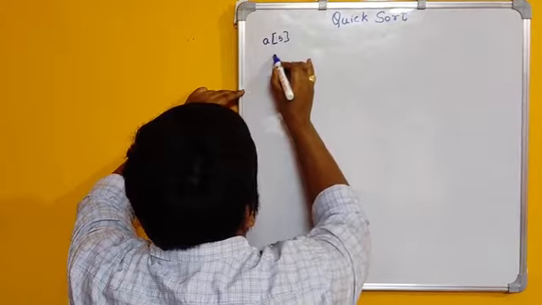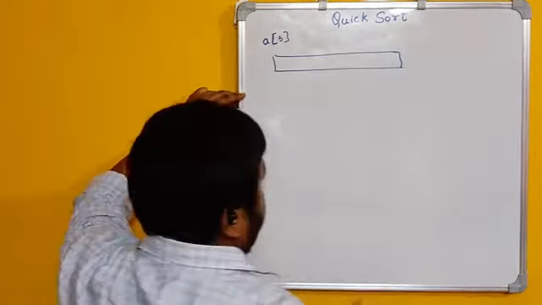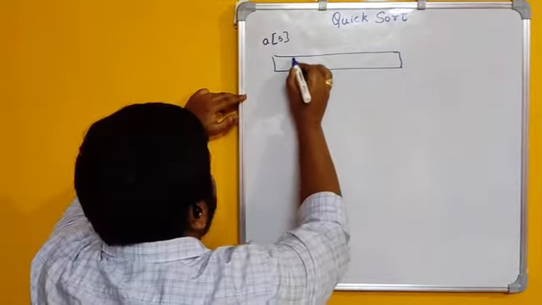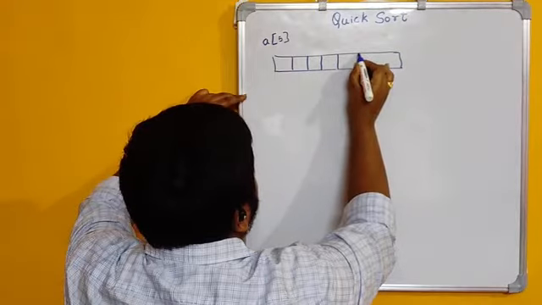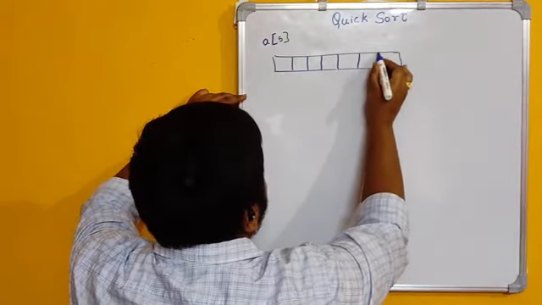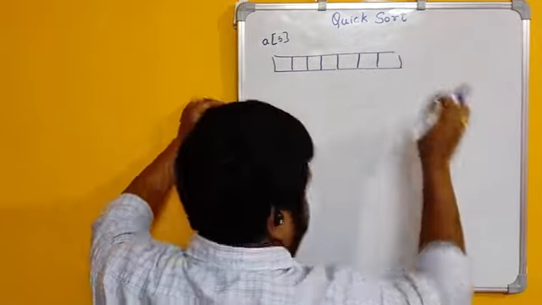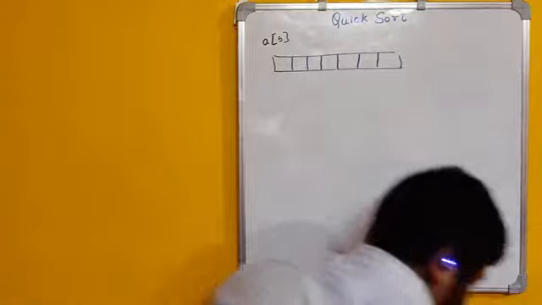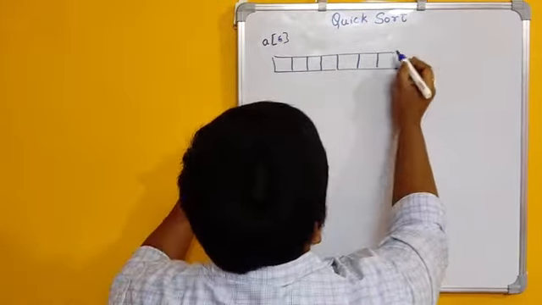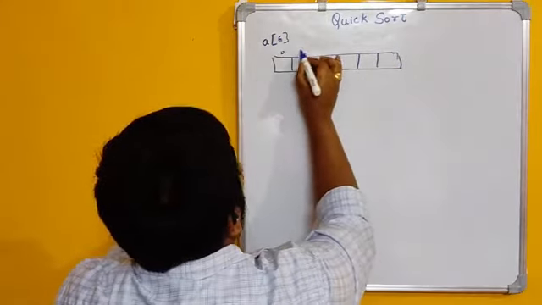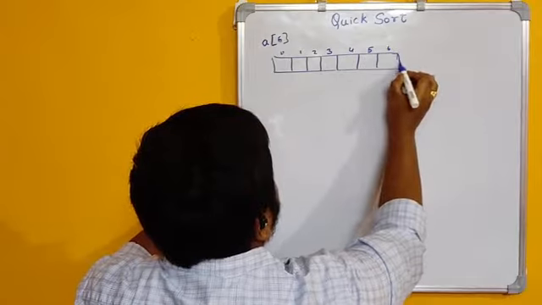So our array has indices 0, 1, 2, 3, 4, 5, and 6.